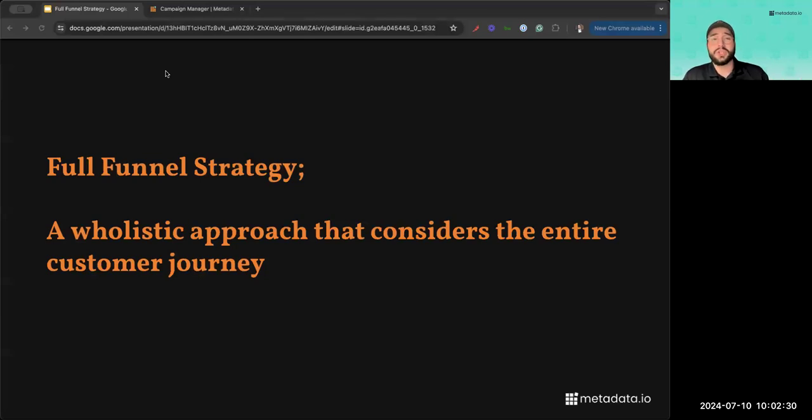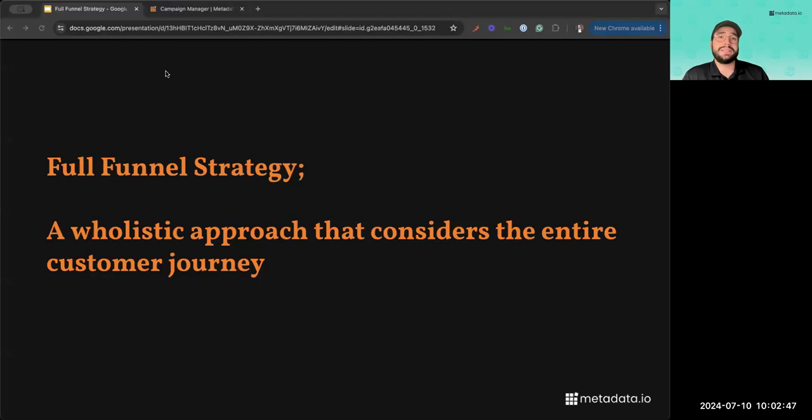Oftentimes, the full funnel strategy starts at someone or your ICP, your ideal customer profile, is completely unaware of your brand. This is especially applicable for brand new companies, and it is also applicable for rebrands.